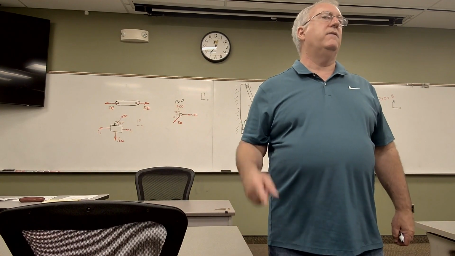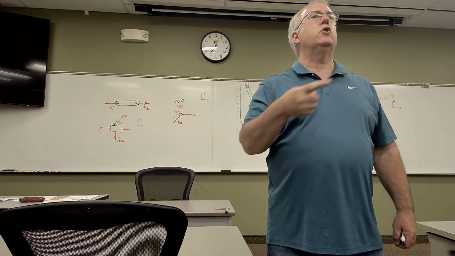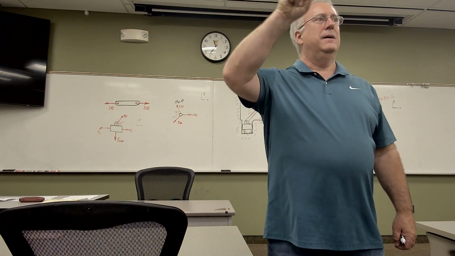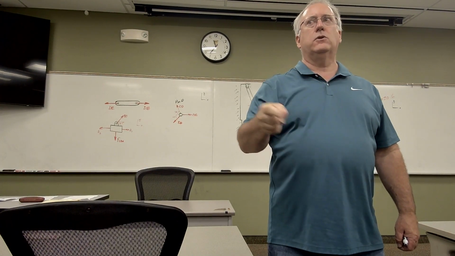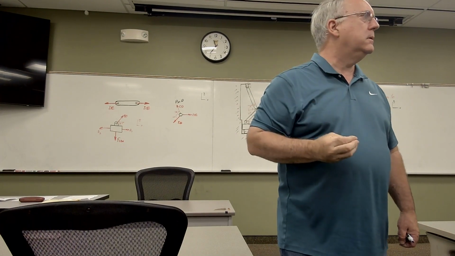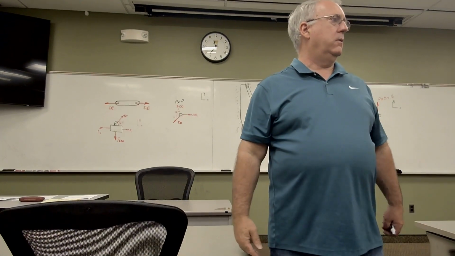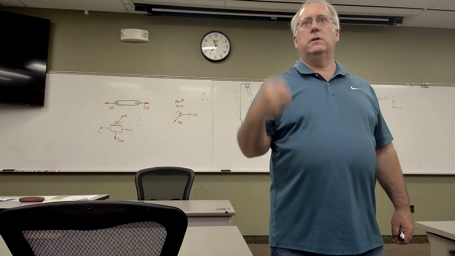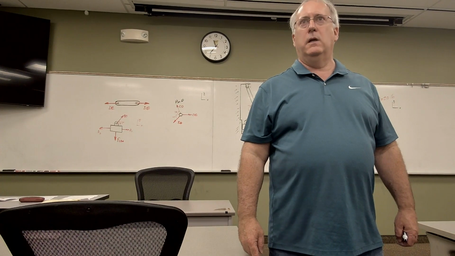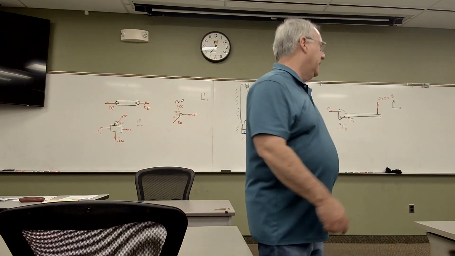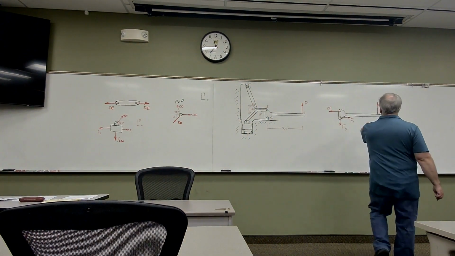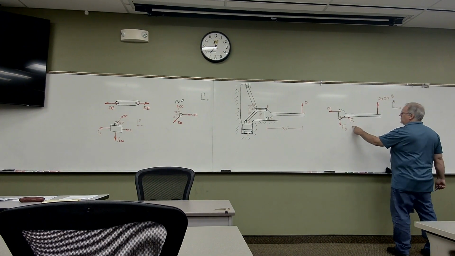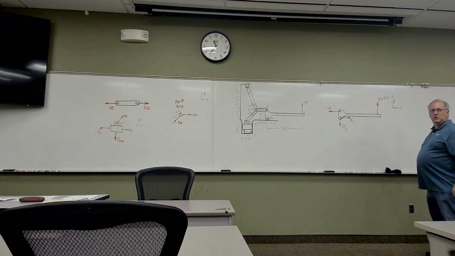The third one says if I sum up all the rotational torques, we call them moments, they have to be equal to 0. Three equations, and they all are equal to 0. I can apply those equations here, and those 3 equations will solve those 3 unknowns.